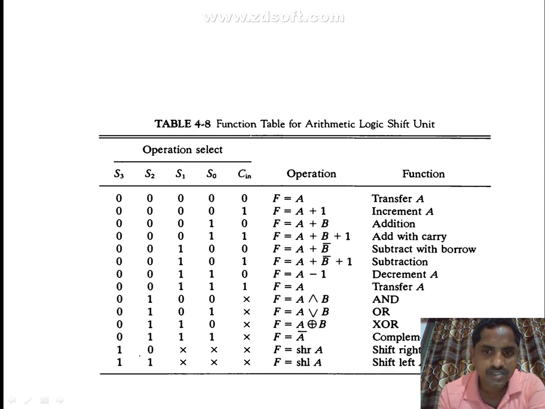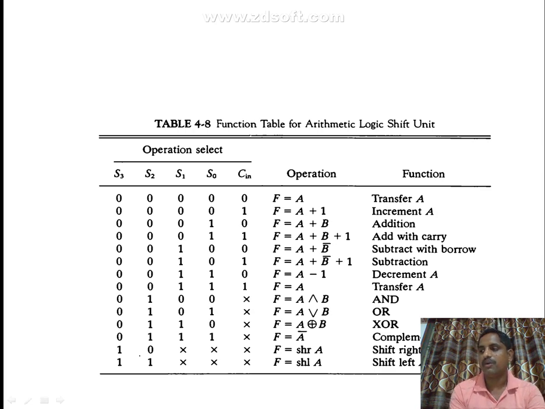These 8 operations are performed as arithmetic operations and are selected when S3 and S2 are equal to 0. And the next 4 logical operations are selected when S3 S2 equal to 0 1. These 4 are the logical operations, and the last 2 operations are the shift operations.